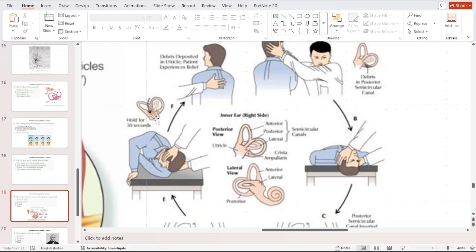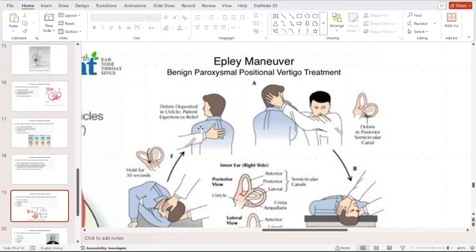So now that the debris has got deposited in the utricle instead, the patient experiences relief. So this is called the Epley maneuver, which is used as a treatment method for benign paroxysmal positional vertigo.